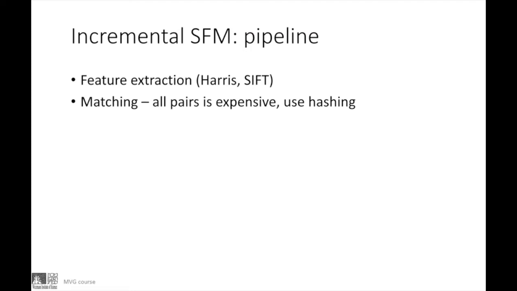We usually think of dealing with many images, hundreds, maybe thousands of images. And so we can easily have tens of thousands or hundreds of thousands of features. So matching all pairs will be expensive. And so we might want to use some hashing technique to make this more efficient.